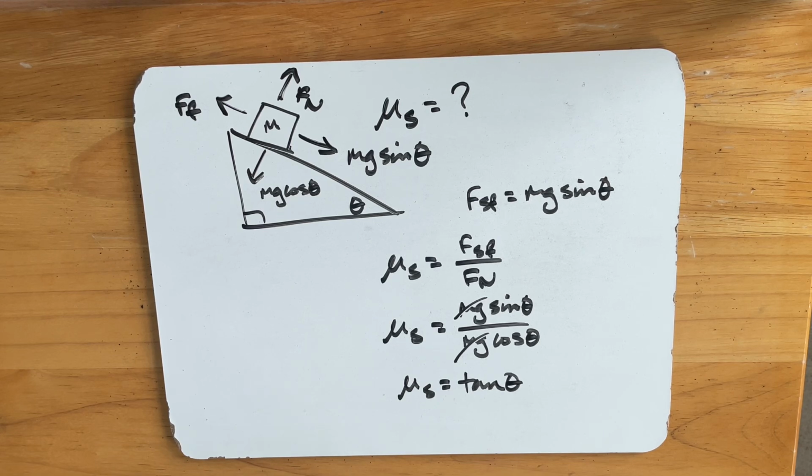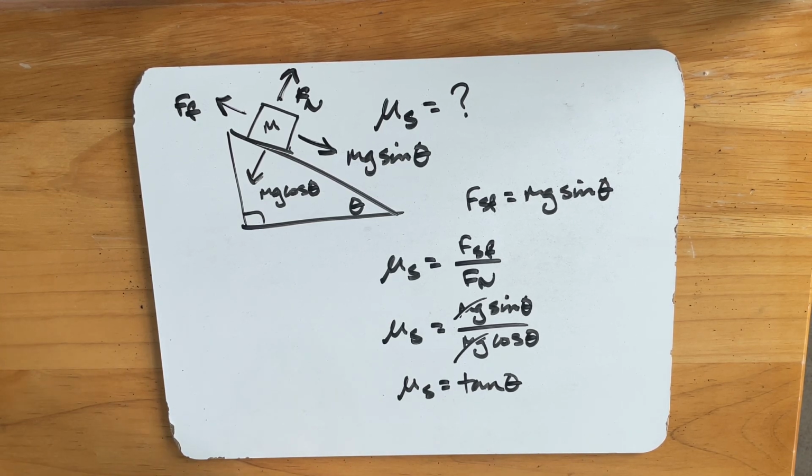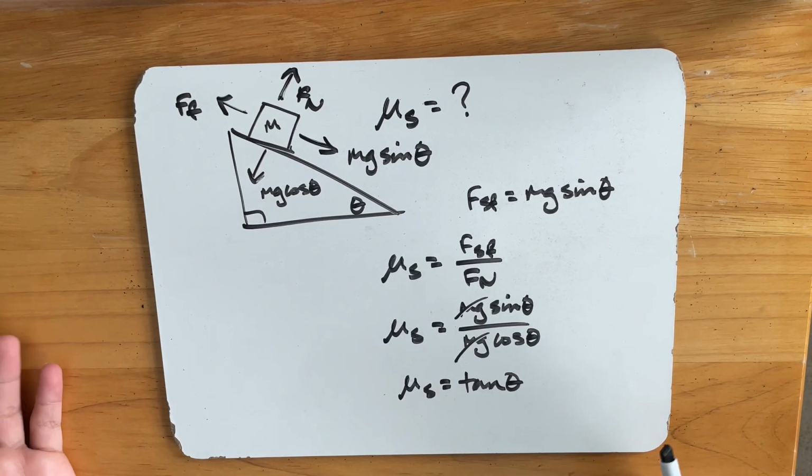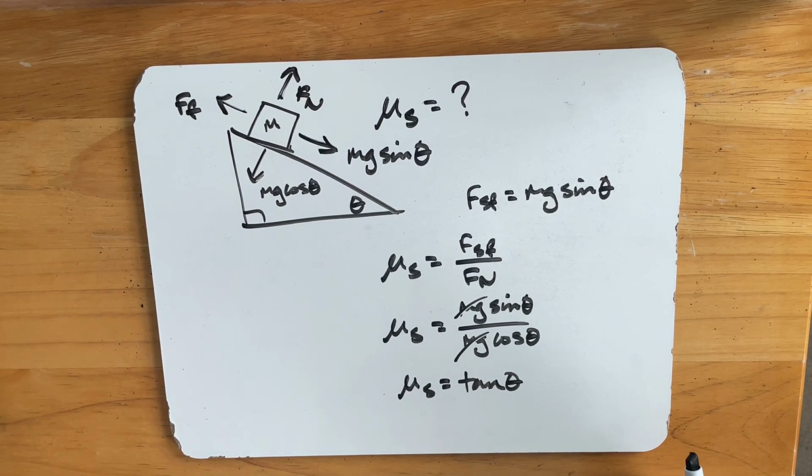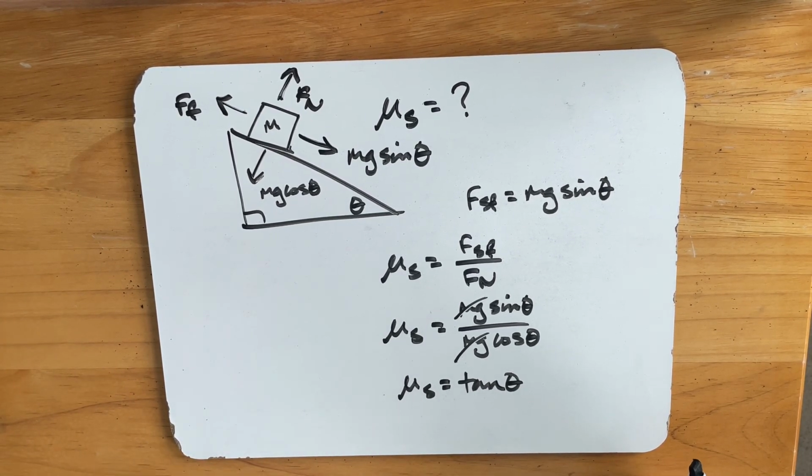But here's the thing, mu static will be more than tan of theta also, because the force of static friction is kind of an inequality, really. There's only a maximum force of static friction, and it can be anywhere below that maximum. But once it hits that maximum, the brick is going to start moving.